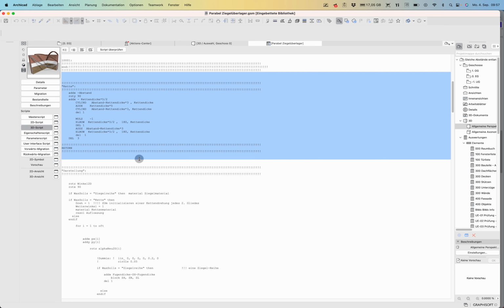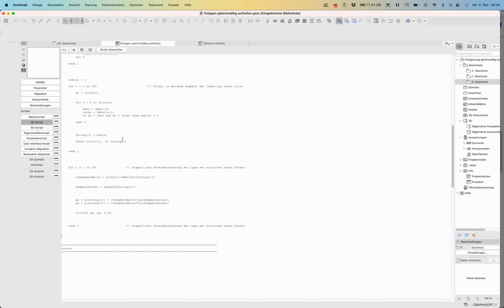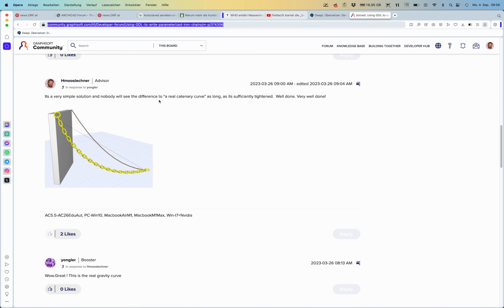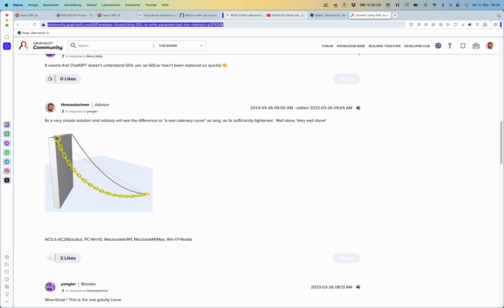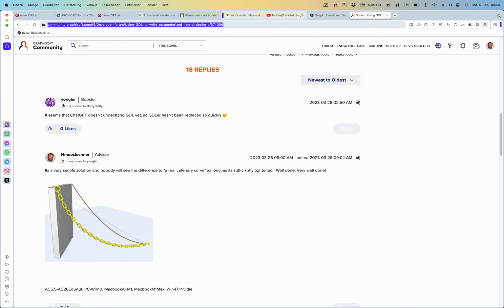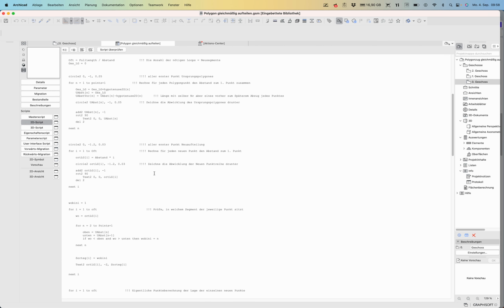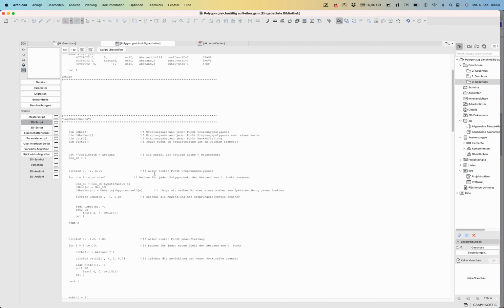It's just a chain, just taken from, where is it? From this one, from Jongler, and I just named it a little bit differently.